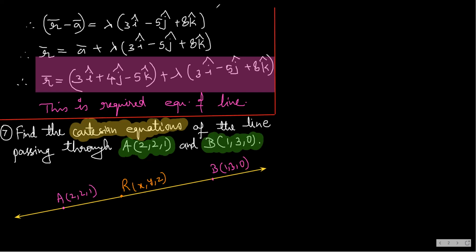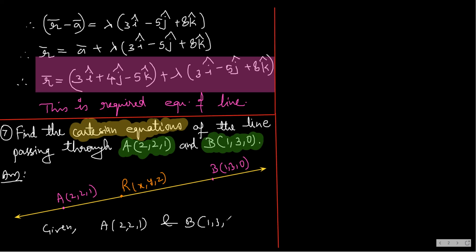So here I start writing the solution as follows. See, I will start with the solution. The answer starts with the diagram itself. I will write here, given A (2, 2, 1) and B (1, 3, 0) are 2 points on the line.